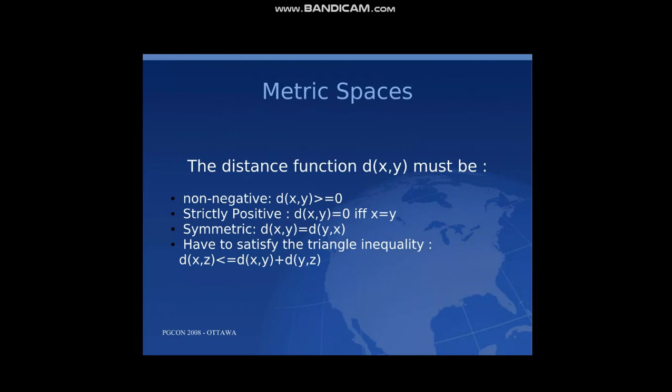The distance function d(x,y) must be non-negative, d(x,y) >= 0; strictly positive, d(x,y) = 0 if x = y; symmetric, d(x,y) = d(y,x); and have to satisfy the triangle inequality: d(x,z) <= d(x,y) + d(y,z).